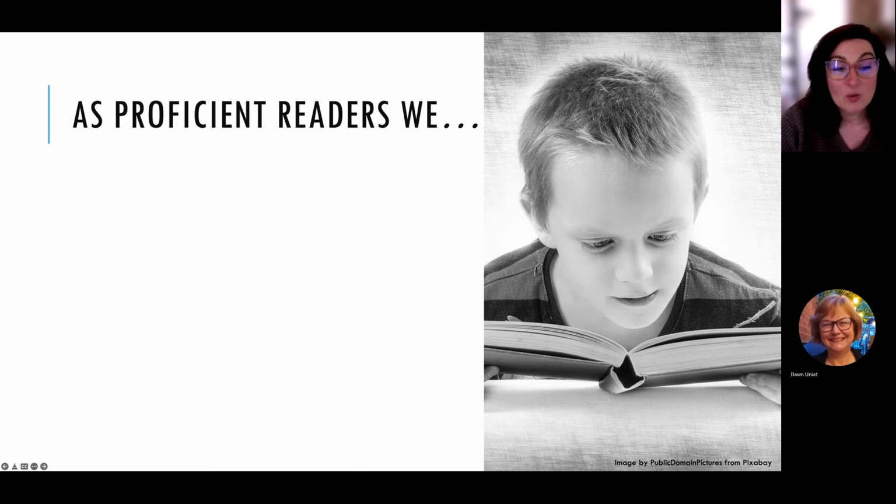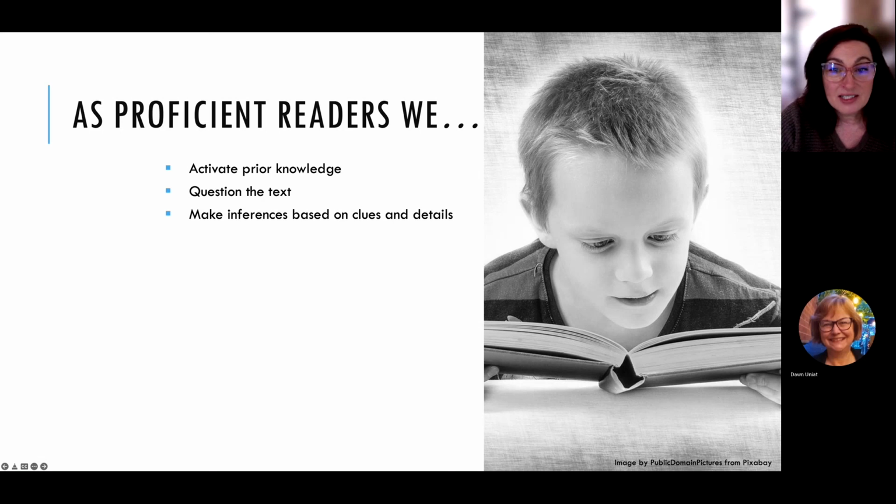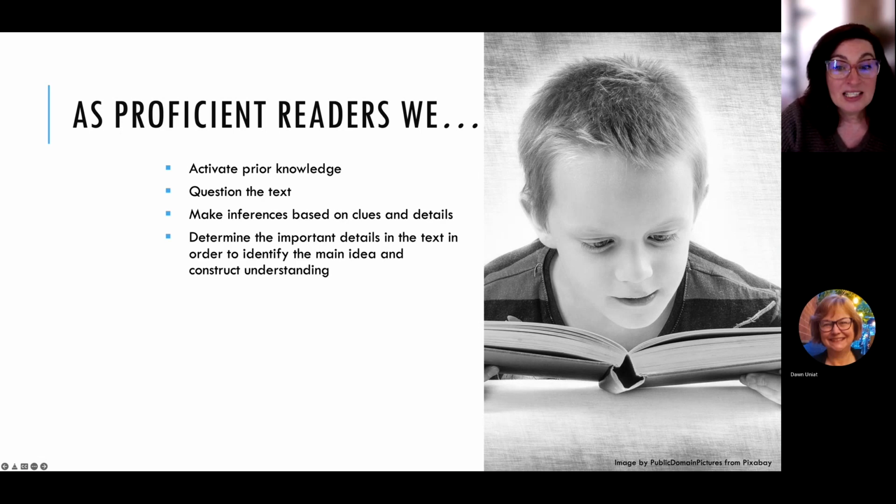Well, if we think back to what we did and what strategies we used when we read through the poem, we used our prior knowledge. We all know what vodka is and its possible effects. We naturally questioned as we read. We made inferences with words like belt, hairbrush, and hand. On their own, they're just a list of things, but we may have been reading between the lines. As experienced readers, we can determine what's important and make meaning from that.